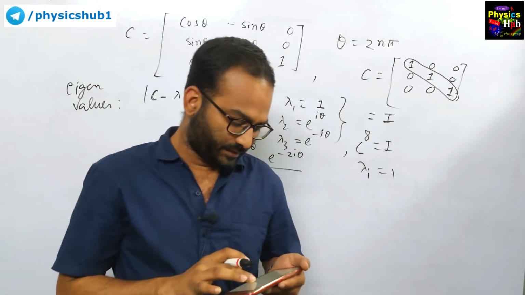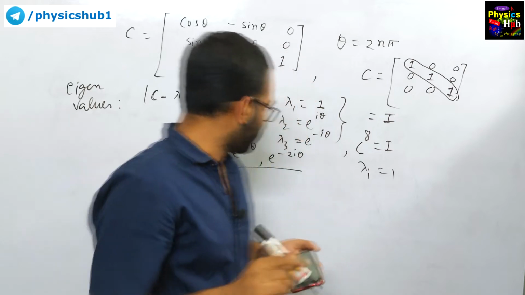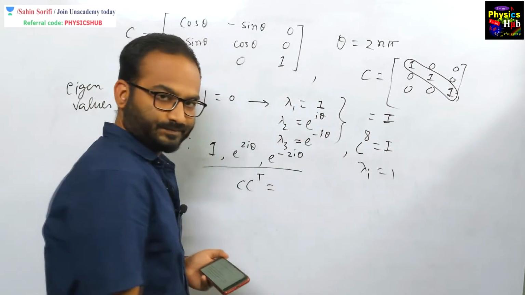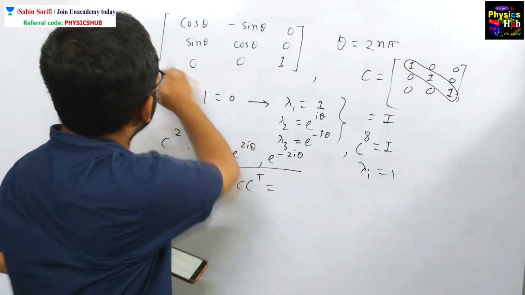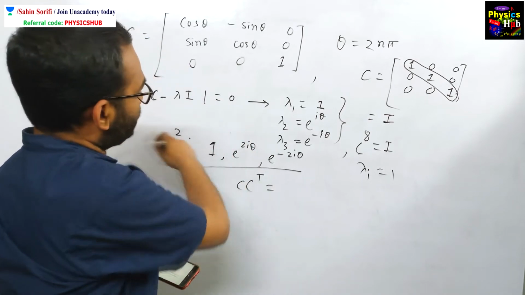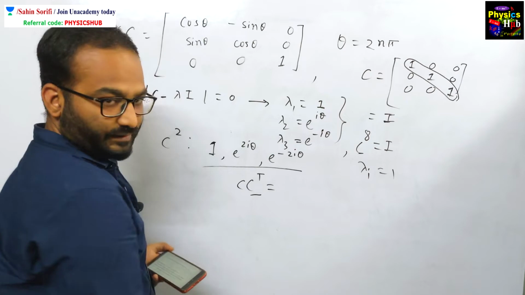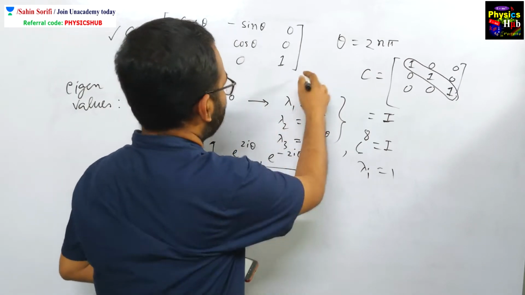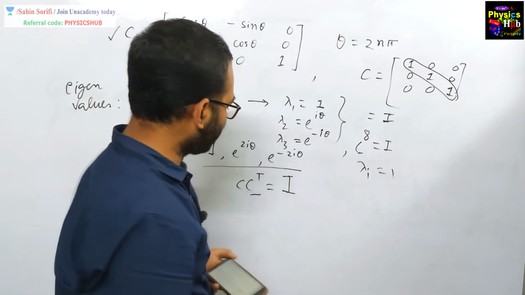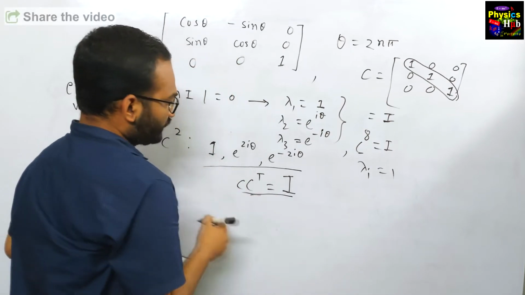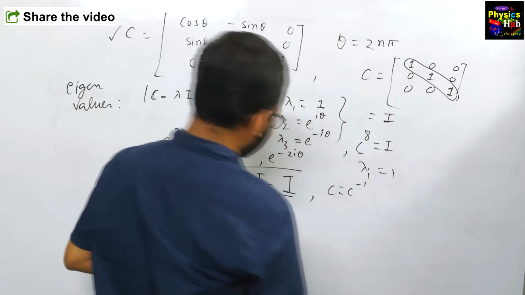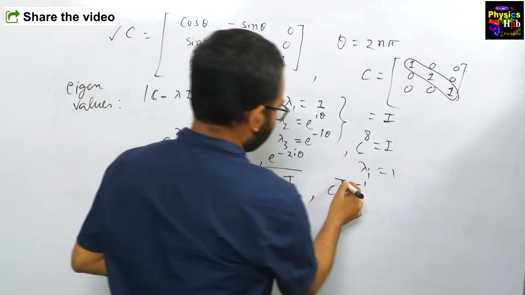You can check it. You will see, if you do this C C transpose, C into C transpose, if you take this C and multiply with the transpose of that matrix, you will find it to be an identity matrix of 3 by 3. Okay. So if this is an identity matrix, we can say C transpose is equal to C inverse.